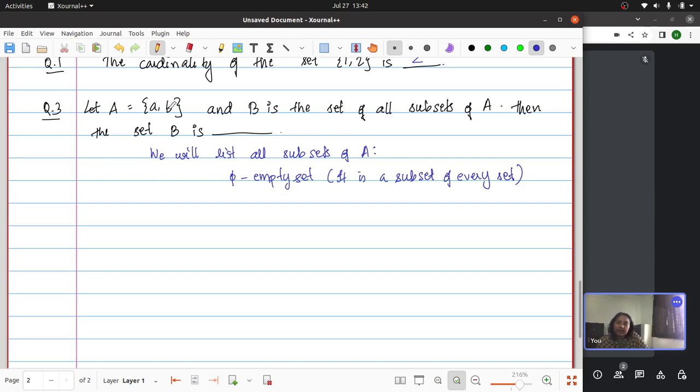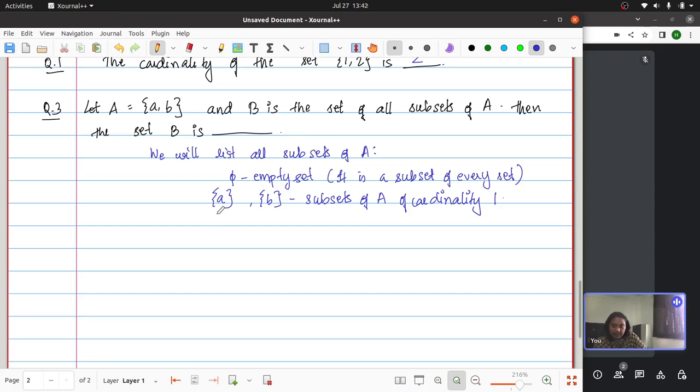The cardinality of A is 2, so we can have subsets containing single elements, right? So we can have the set {a}, the singleton, and {b}. These are subsets of A of cardinality 1.